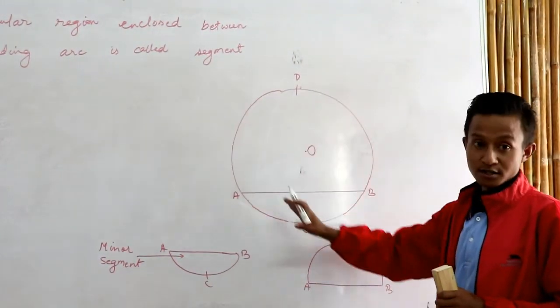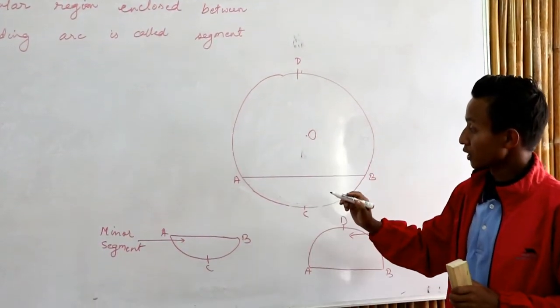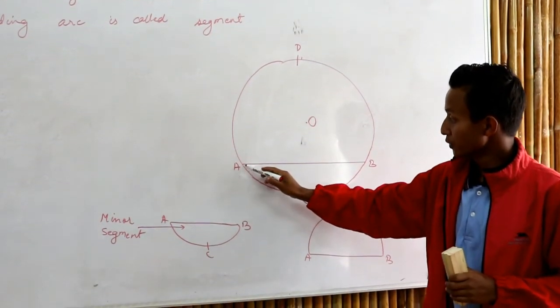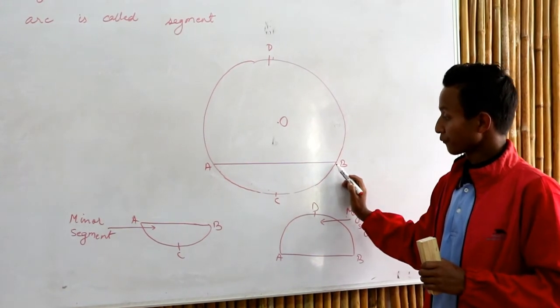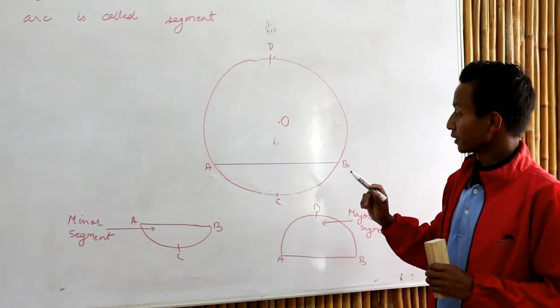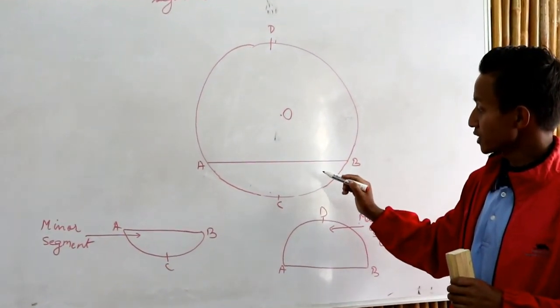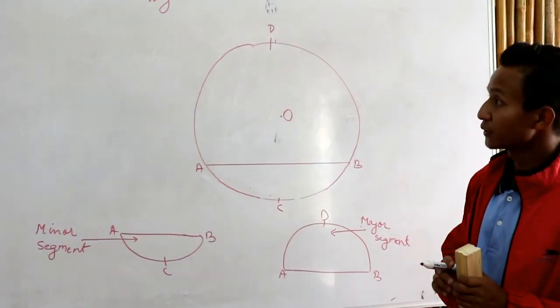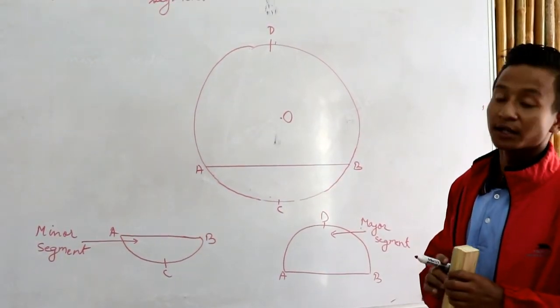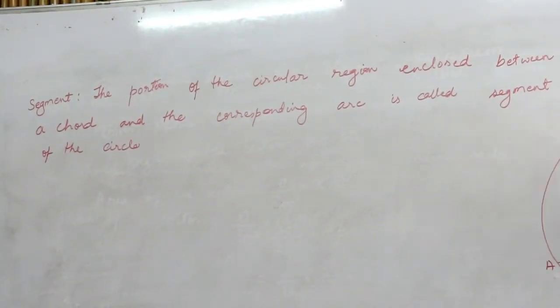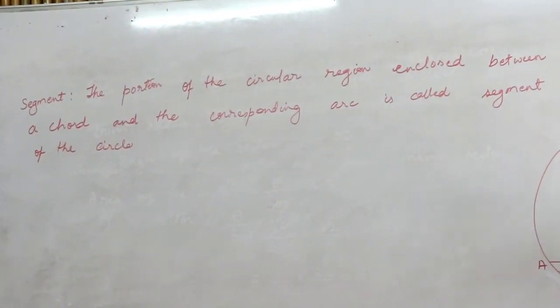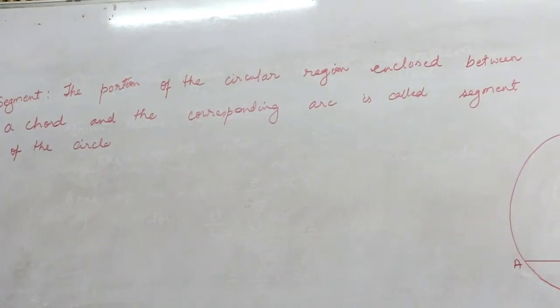So this is a circle, and here AB is a chord of the circle. As you can see in the definition of a segment, it states that the portion of a circular region, I mean a part of the circle, enclosed between a chord.